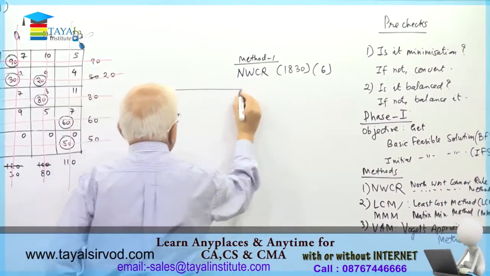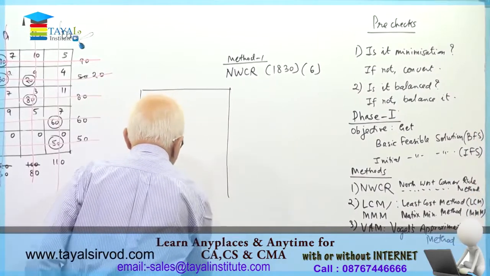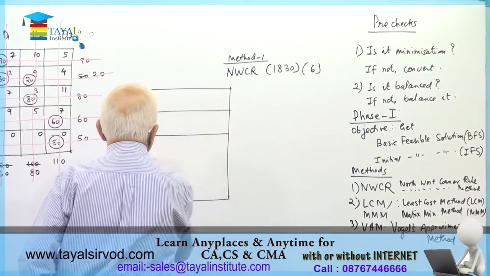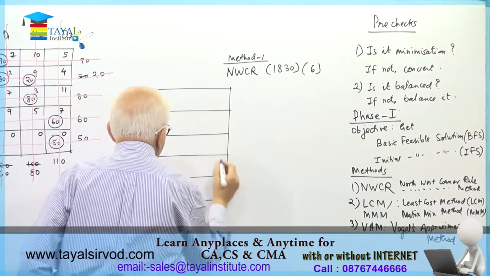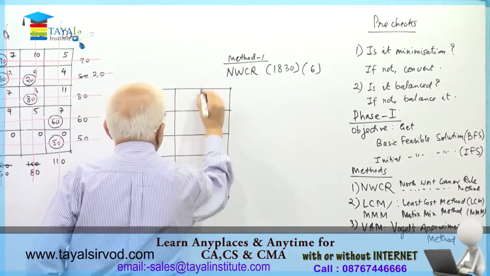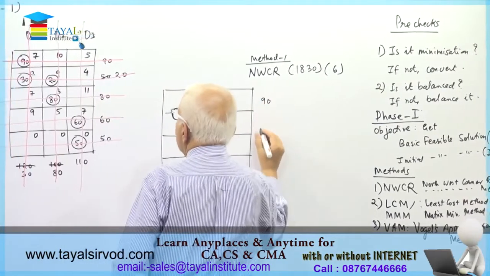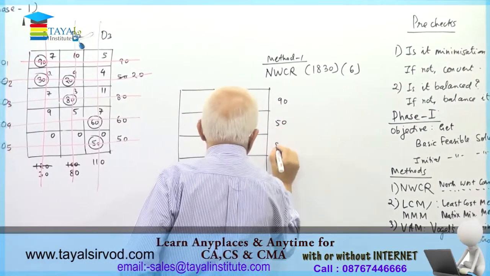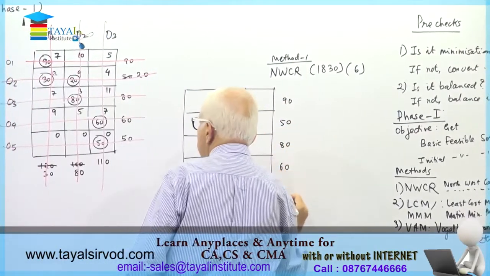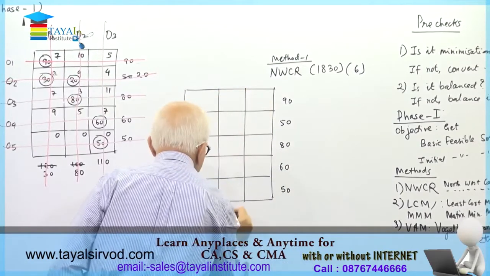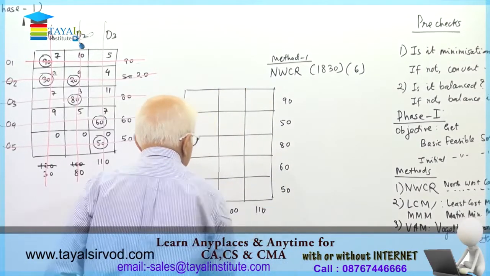Now I am rewriting the matrix, 5 by 3 matrix. So I am drawing a 5 by 3 matrix. 5 rows, 3 columns. Let me write down the demand supply situation. 90, 50, 80, 60, 50, 120, 100, 110.